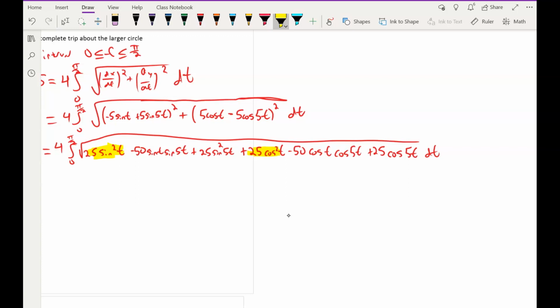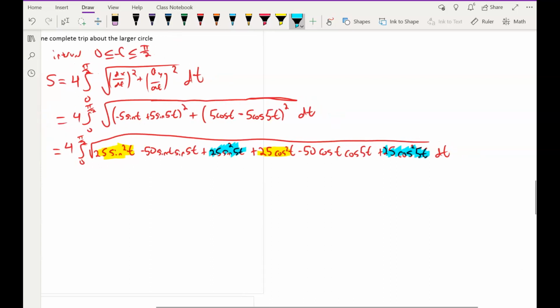Now we also have 25 sine squared of 5t, and this should be 25 cosine squared of 5t, I missed a thing. If I have cosine squared of some angle value plus sine squared of another angle value, I add those together, it should be 1. And if I have 25 of those, it should be 25. So this part that I'm going to highlight in light blue, 25 sine squared of 5t plus 25 cosine squared of 5t, add those together, that's going to be 25.